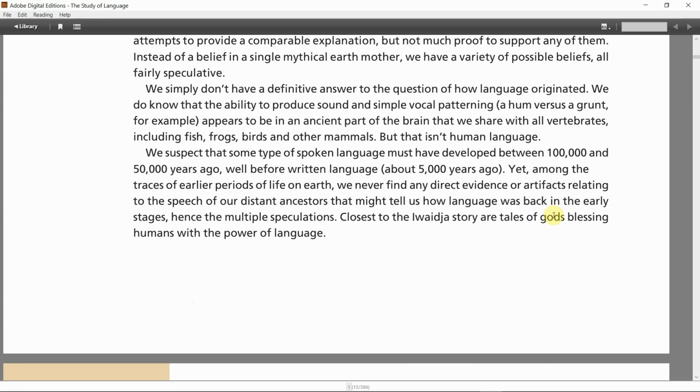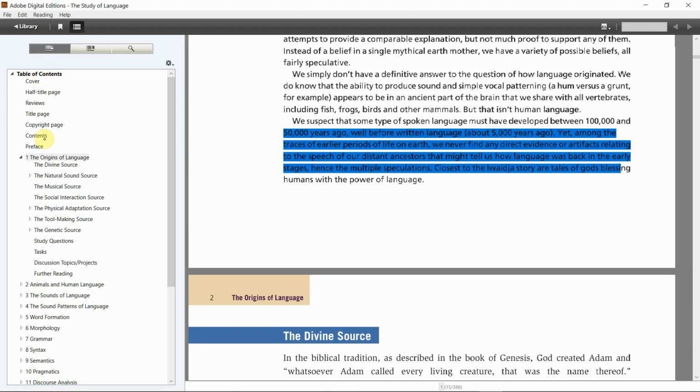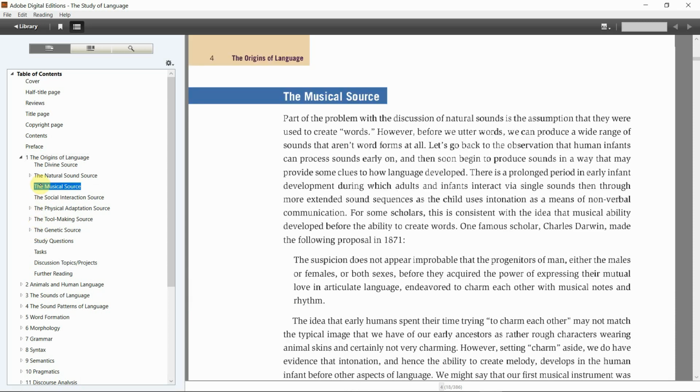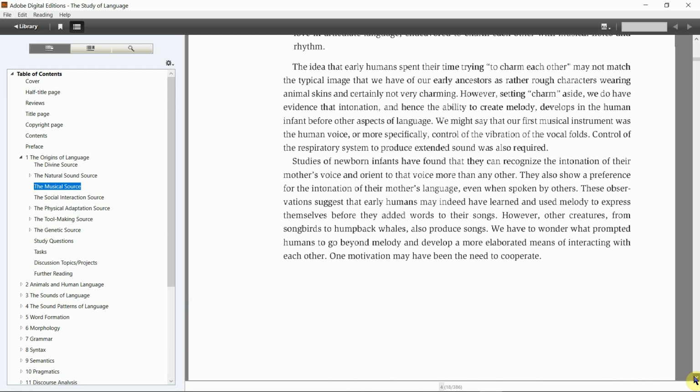Hmm. Yeah, just a minute. Let me show you. I think it will be in the musical source. So yeah, here is the information. Studies of newborn infants have found that they can recognize.